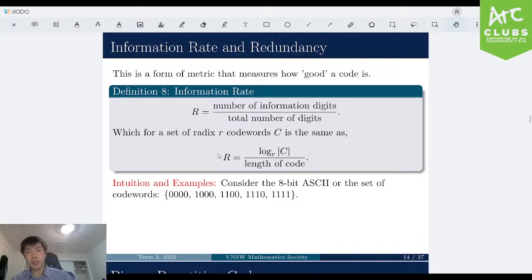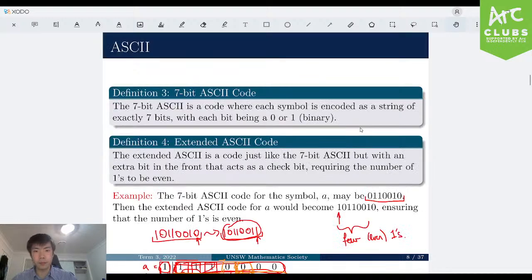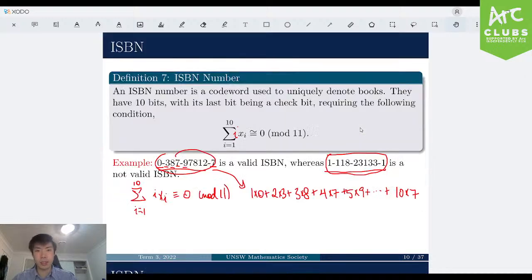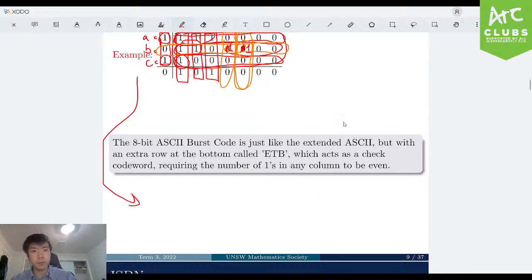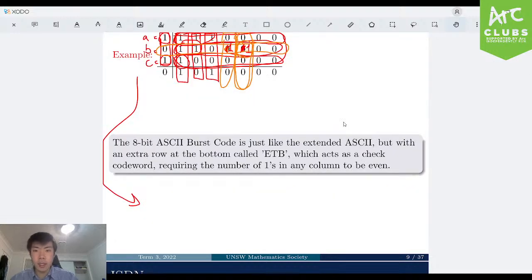Okay. So firstly, you might be wondering what radix r means. It basically just means what the digits can be. So far we've only looked at binary, right? Every single code that we saw previously, or I guess not ISBN, because that can go all the way from 0 to 9. So I guess this is a mod 10 code, where the symbols come from the integers mod 10.